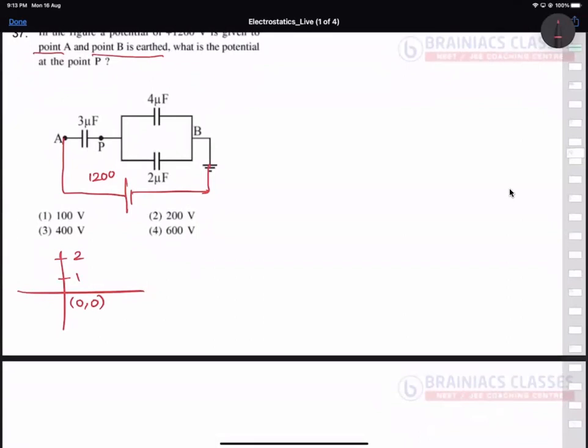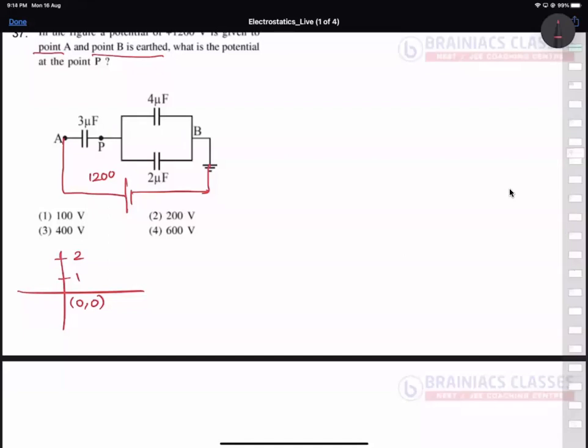Similarly, in the case of a battery also, ground is the reference starting point. With respect to ground, what is the voltage? Now the question here, what is the voltage at the point P? Voltage at the point P is equal to the voltage at the point P with respect to ground. That's the meaning.